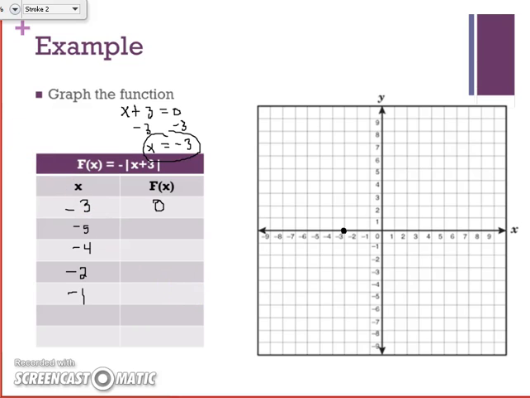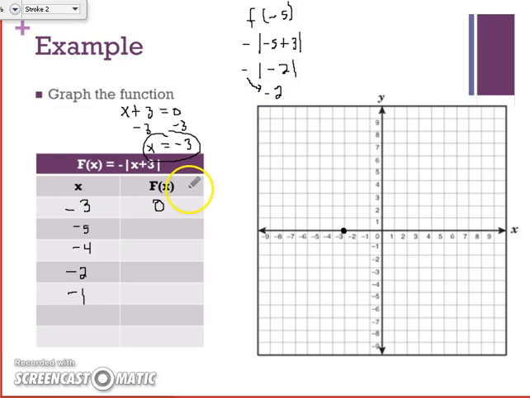So if I plug in negative 5 into this equation, I'm finding where f of negative 5. My absolute value function equation is negative on the outside, and then x plus 3. So negative 5 plus 3. That negative is still on the outside. Negative 5 plus 3 is a negative 2. The absolute value of a negative 2 is 2, but that negative is still on the outside.